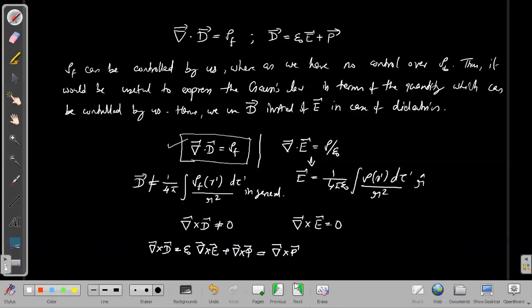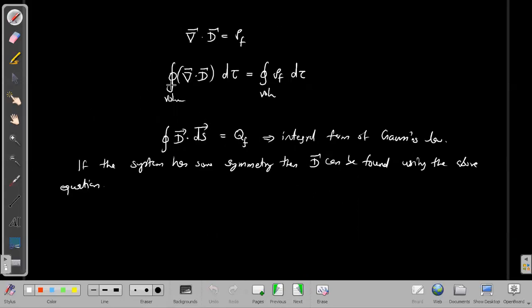So we have two advantages of this displacement formalism. One is that it is expressed in terms of free charge density, over which we have direct control. The other is that we can use this equation to find the electric displacement if the system possesses some symmetry. And for that we have to express this electric displacement equation in the integral form.